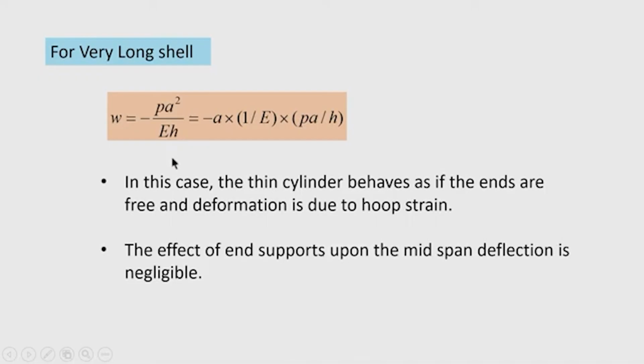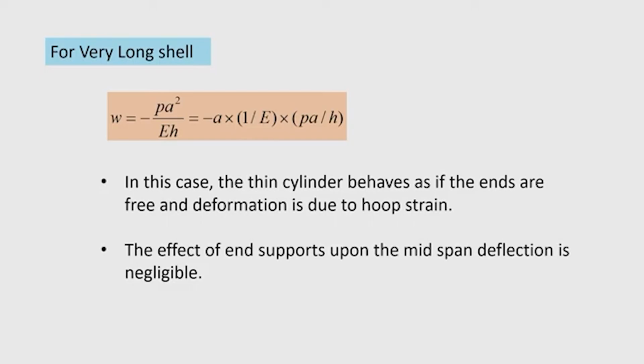and two interesting things we can note here. If the shell is very long and it is a thin cylindrical shell, it behaves as if the ends are free and deformation is due to hoop strain. That is obvious for a very long shell, the effect of bending moment can be neglected. The effect of end supports upon the mid span deflection is also negligible.